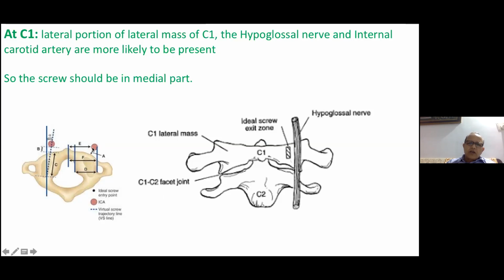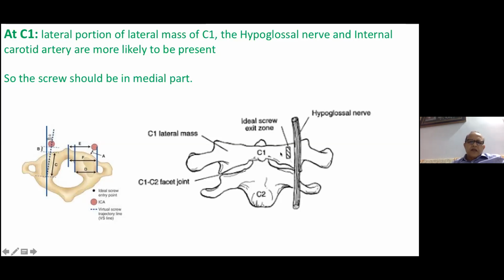So if you are not aware, then you can injure the ICA and also you can injure the hypoglossal nerve if you use monopolar cautery without taking due care. First you retract and mobilize this vessel and nerve, and then, if needed, you can use cautery after mobilizing these.